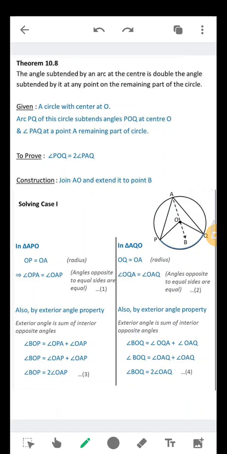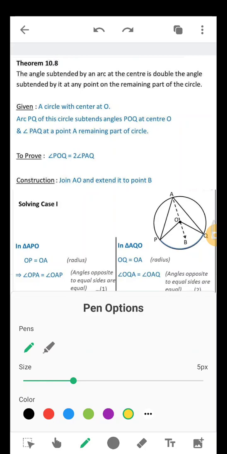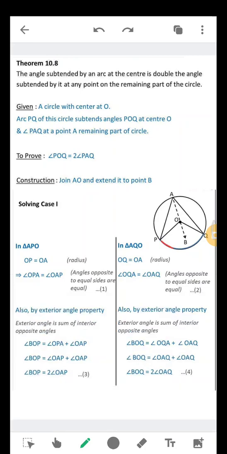Because the statement is given but the figure is not given here, we'll take our own figure. We'll consider a circle with center O. You can see a circle with center O, arc PQ. This arc PQ of the circle subtends angle POQ at the center and PAQ at a point in the remaining part of the circle.